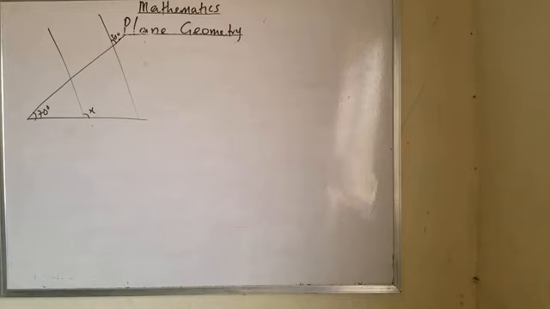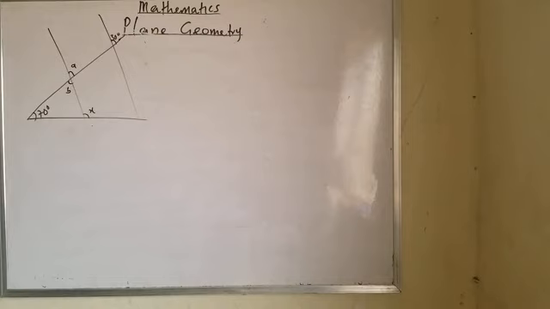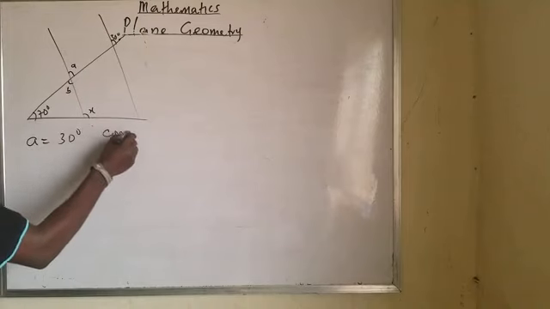How do I go for x? If I were you, I can name this place A, B. Don't forget A, B. And don't forget that my A equals 30 degrees, which is corresponding.